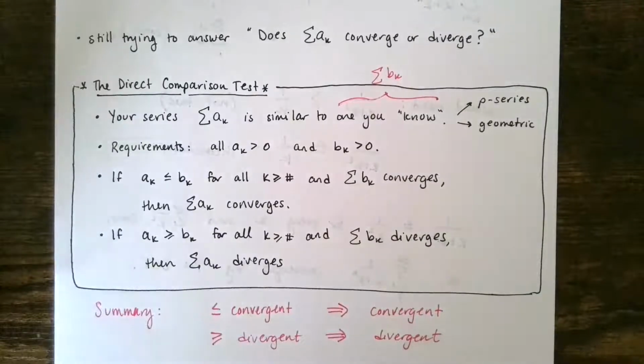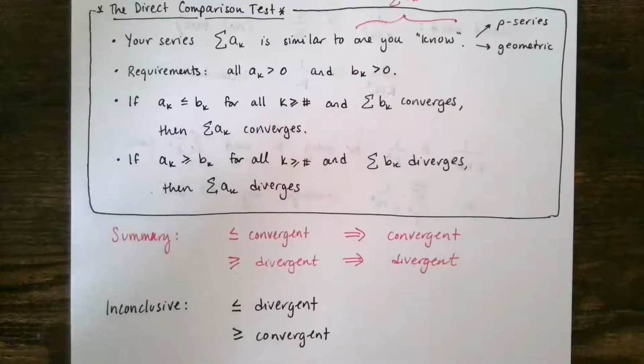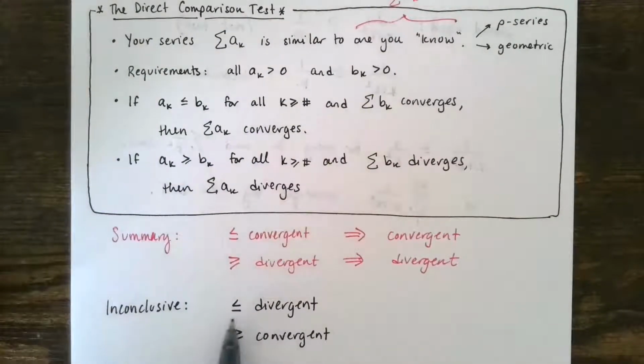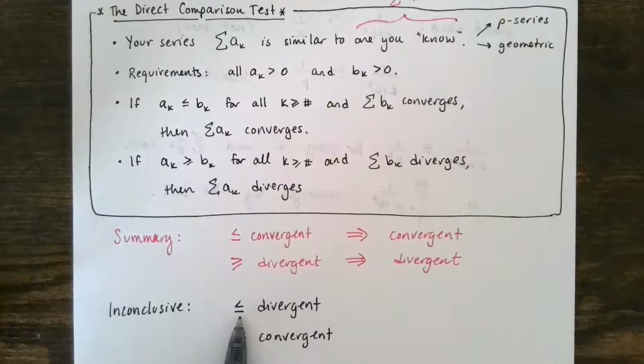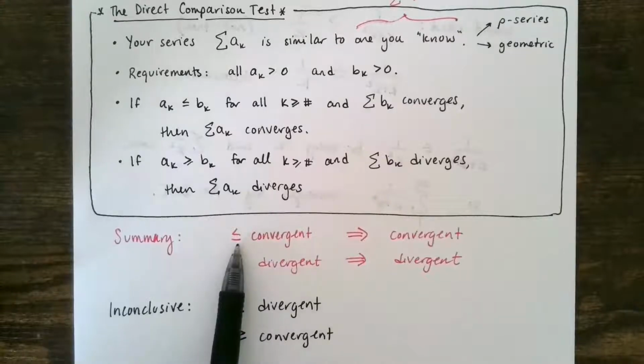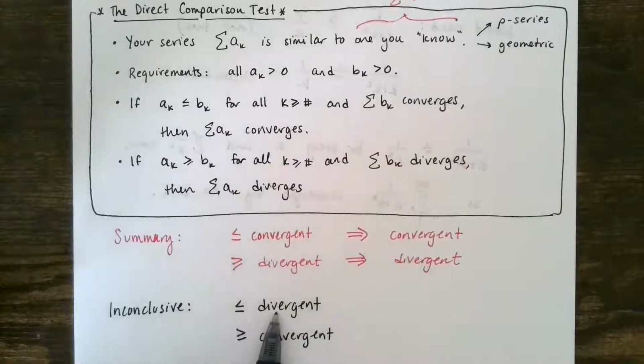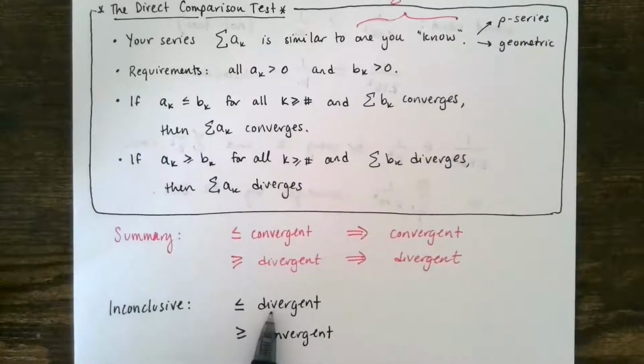Okay, so that also gives us 2 other cases that are technically inconclusive from the direct comparison test. If you can show you're less than or equal to some other series' terms, but that series is divergent, that doesn't get you anywhere. If it's less than or equal to, you have to be comparing to something convergent for it to be useful. But less than or equal to divergent just isn't a thing.